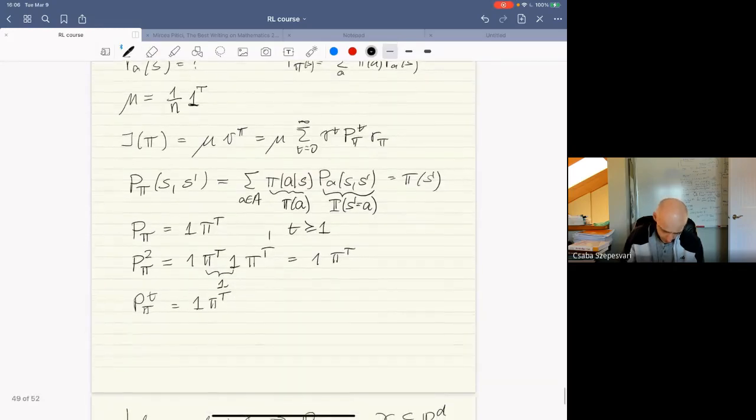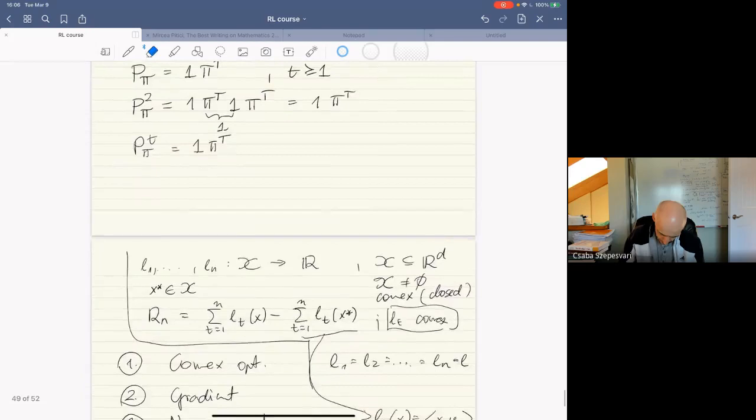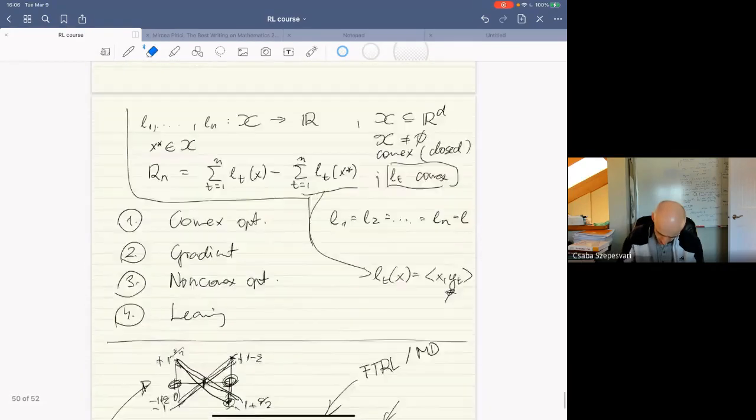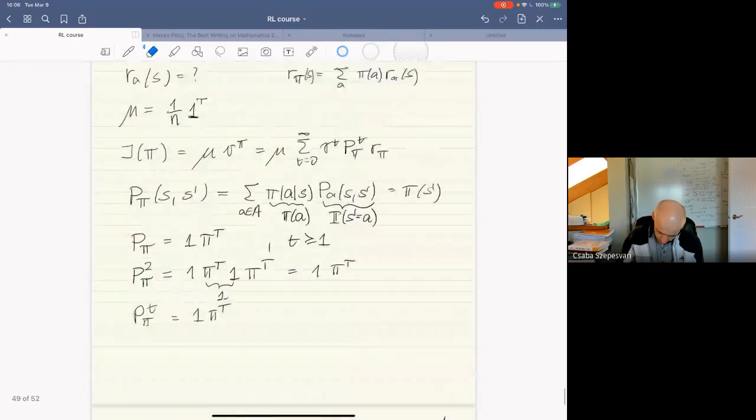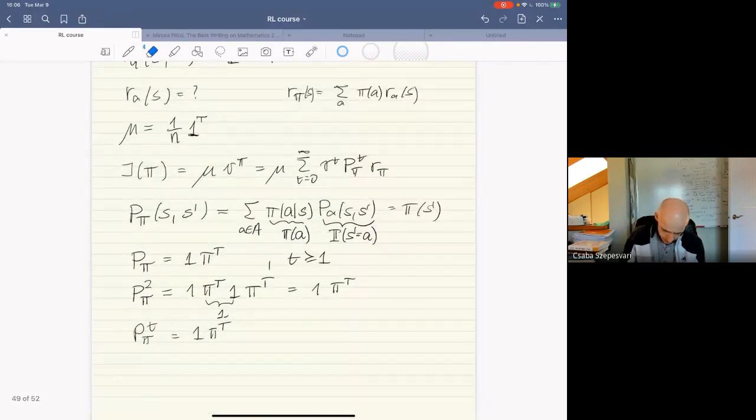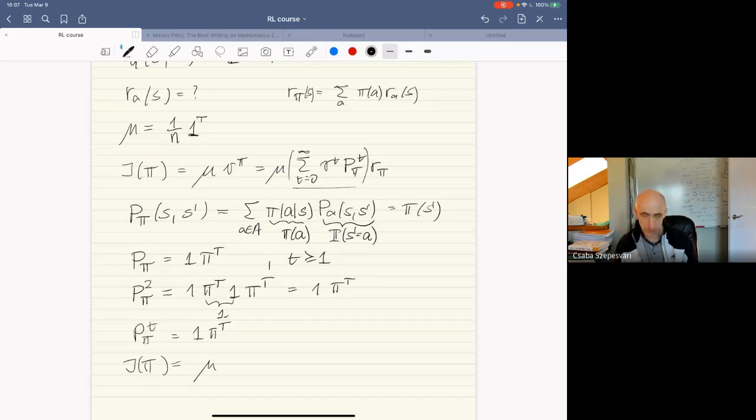All right. So now we are ready to plug in. J of pi is going to be mu, and then there is this infinite sum. It has a first term. So this infinite sum, t equals 0.